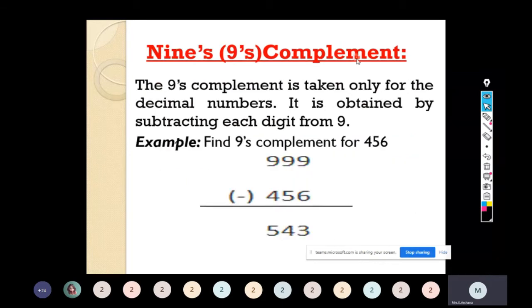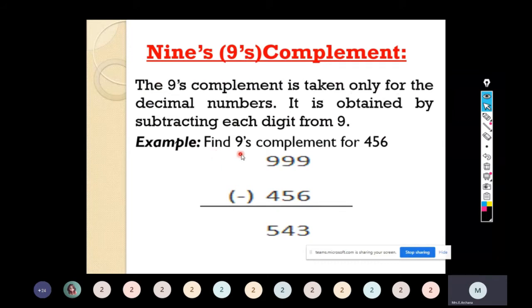Nines complement is taken for decimal numbers. How will we obtain nines complement? It is obtained by subtracting each digit from 9. For the given problem, each and every digit should be subtracted from 9 to get the nines complement.